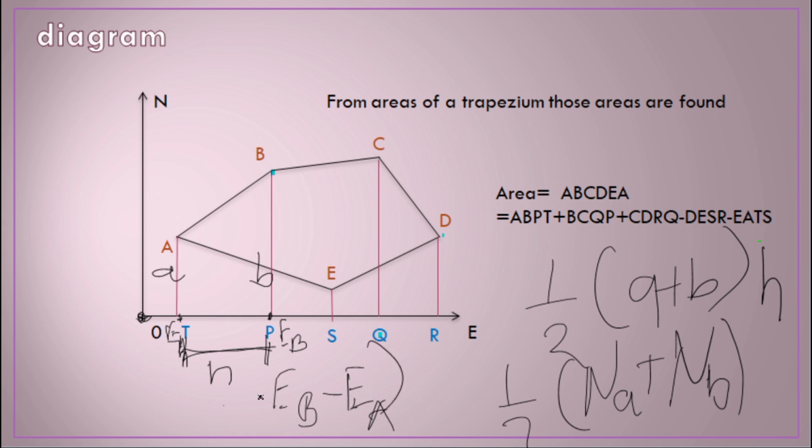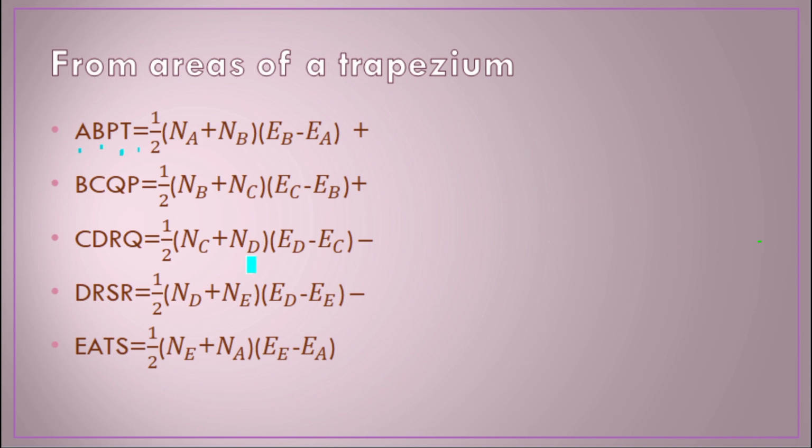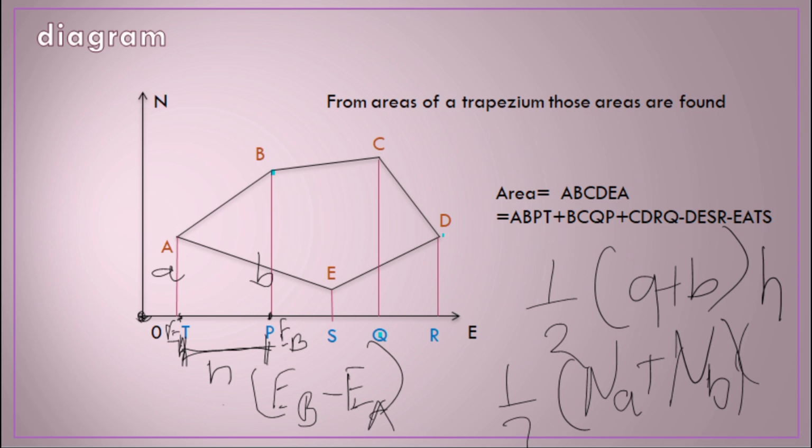So these two represent my H in the calculation. So that becomes a half into A plus B, multiplied by H, where H is easting B minus easting A. Remember that, this is the formula of the trapezium.